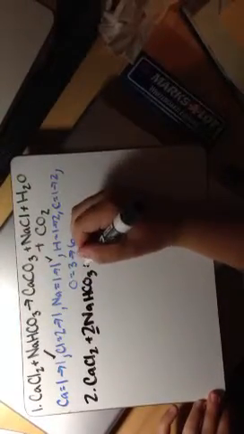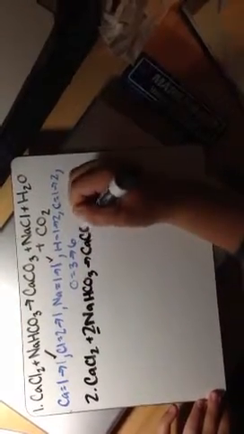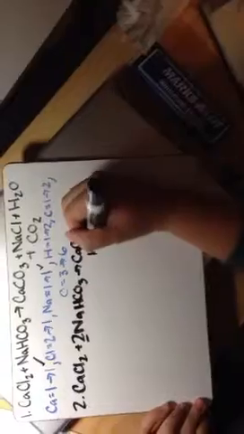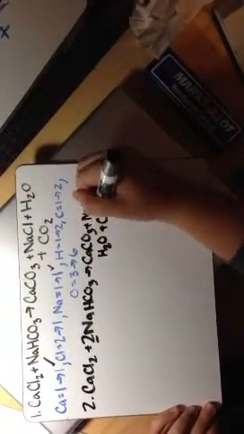2NaHCO3 to CaCO3 plus NaCl plus H2O plus CO2. So let's see where that brings us with all of our totals so far. Ca is 1 to 1 still, so that's still good.